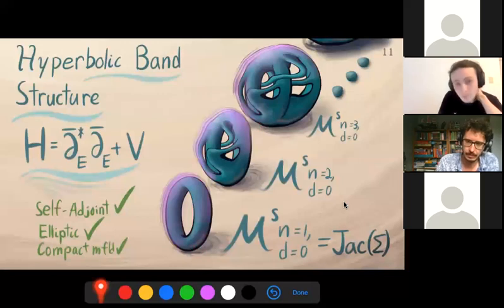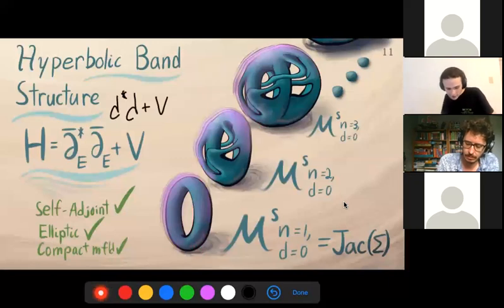And in fact, we can describe what the Hamiltonian is really explicitly in this case. We started with the Hamiltonian just being the normal Laplacian, which was d star d plus b.